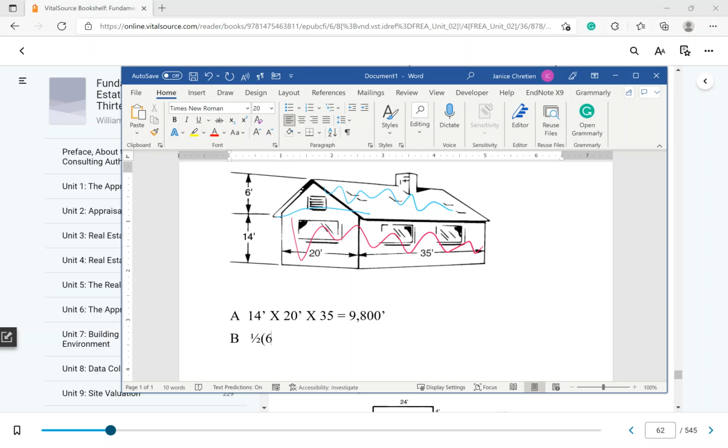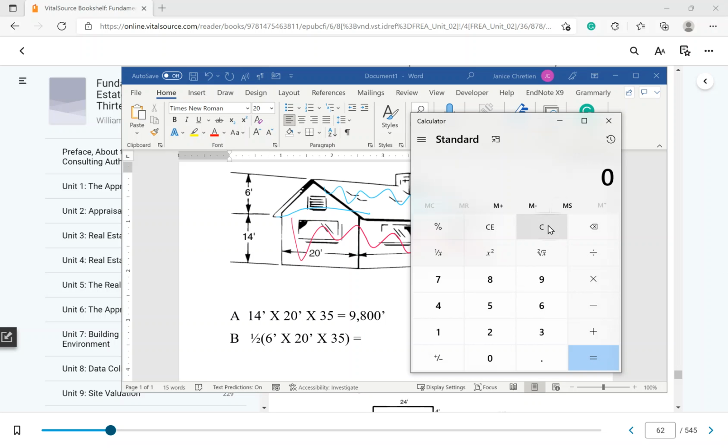So I'm going to say 6 feet times 20 feet times 35 feet. And we get a calculator out and we say 6 times 20 times 35 is 4,200. But remember, we're taking half of that, so I'm going to divide that by 2, and we have 2,100 feet.